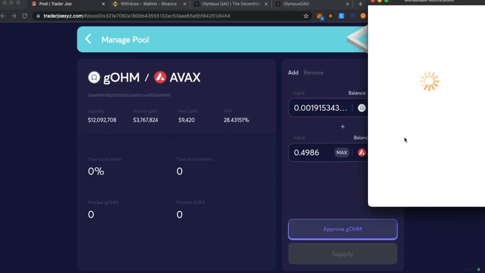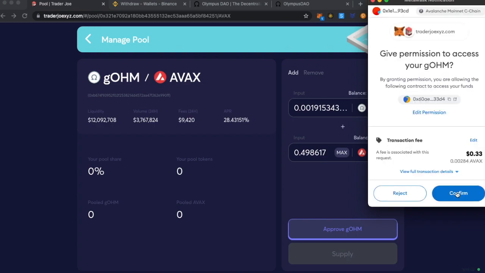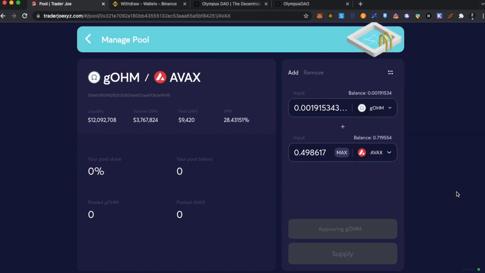Just remember, when it comes to providing liquidity to a market maker, you will always have a risk of impermanent loss. For example, in this case, say AVAX goes extremely high and gOHM just dumps, in which case you may lose a lot of AVAX token, or vice versa.